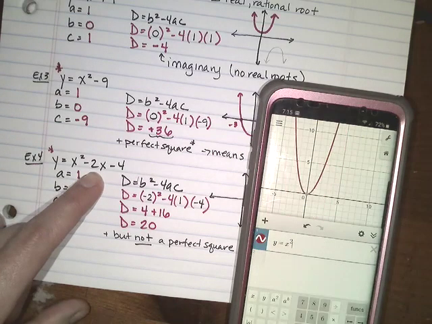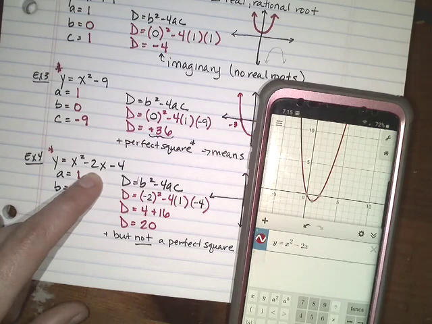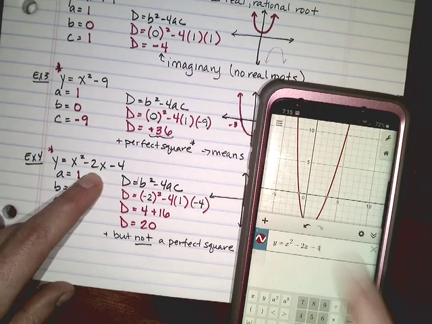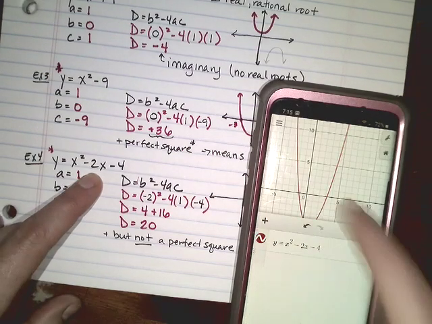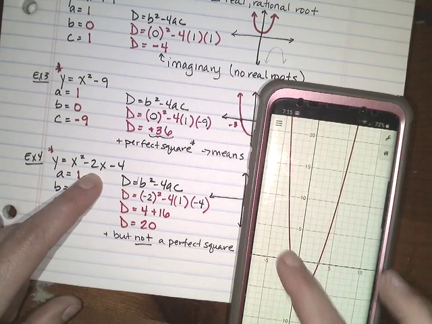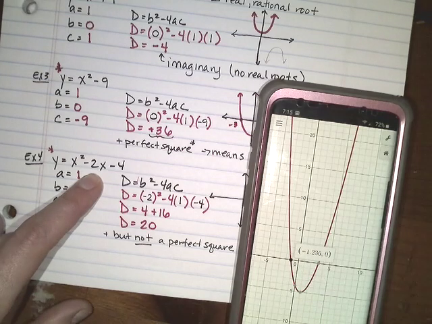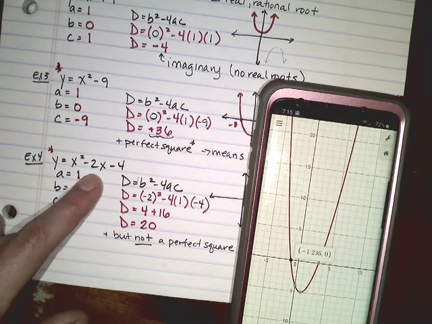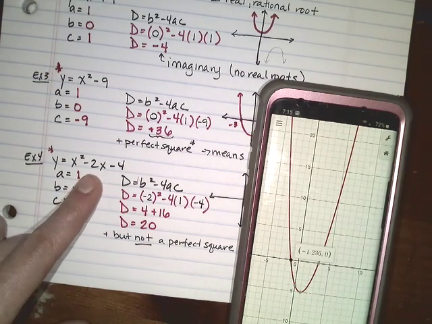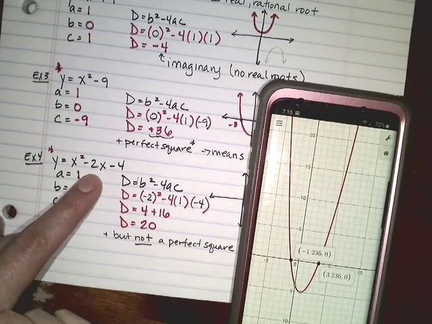So as soon as I look at that root, I have one here. Hey, that's not a nice number, right? That's not like a negative 3 or a negative 4 or even a negative 2.5. It's an ugly number, or an irrational number.